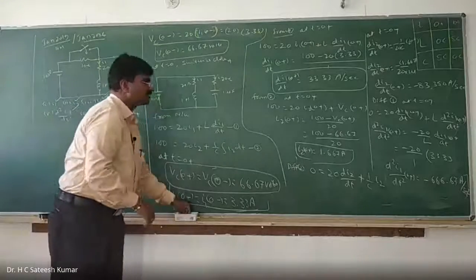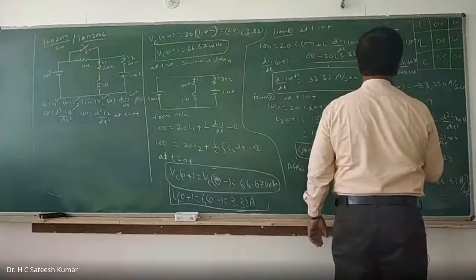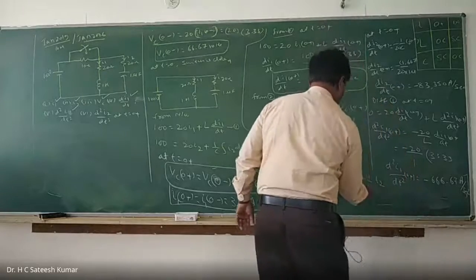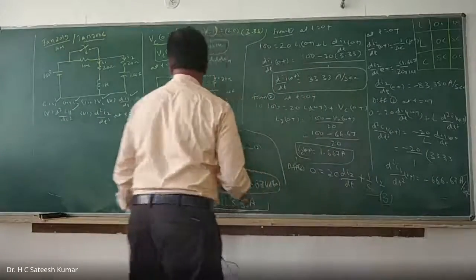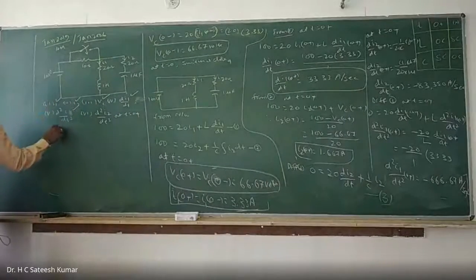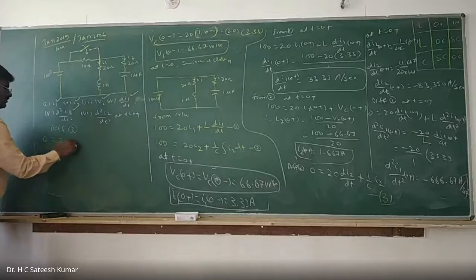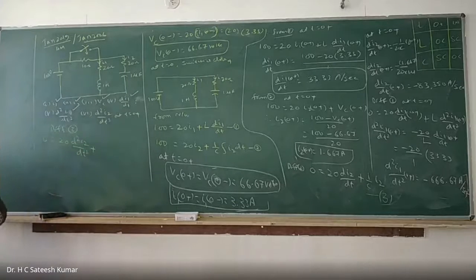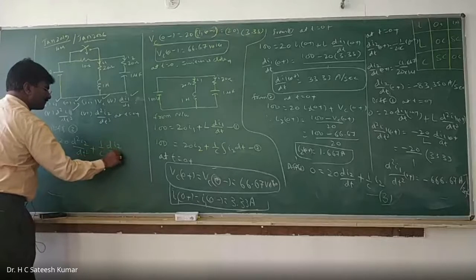Call this equation as equation number 3. Differentiating 3, we get 0 is equal to 20 into d squared I2 by dt square plus 1 by c into di2/dt.